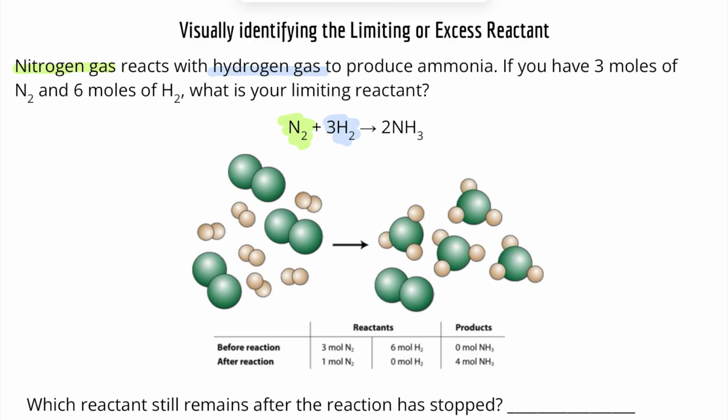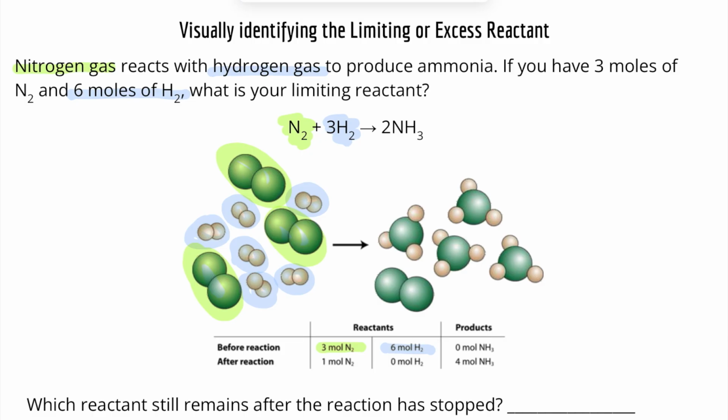If you have 3 moles of nitrogen before the reaction, those are the green, 3 moles. We see those in pairs because nitrogen is diatomic. And 6 moles of hydrogen, or 6 moles of the H2, sorry, with that.